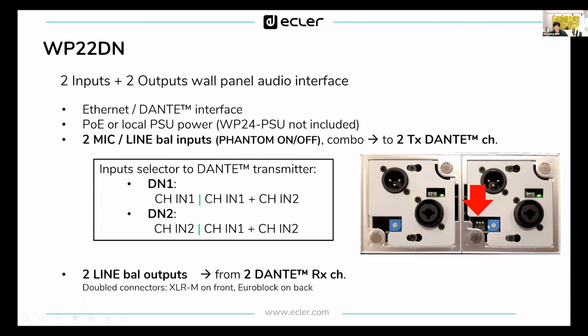So here you decide if you need phantom power or not for every Dante transmitter. We have 2 balanced outputs, here and here, which are also double connectors. On the back, there are 2 Euroblocks, if you want to use those as well.